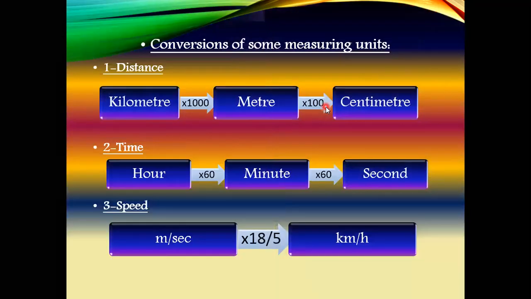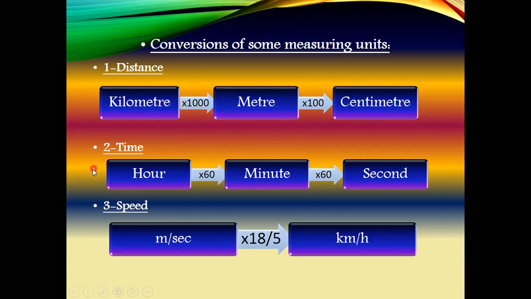Okay. Some conversions to help us in solving the problems, which we all know. For the distance, kilometer to meter, times 1000. 1 kilometer equals 1000 meters. From meter to centimeter, times 100. From kilometer to centimeter, times 100,000, meaning times 1000 times 100.